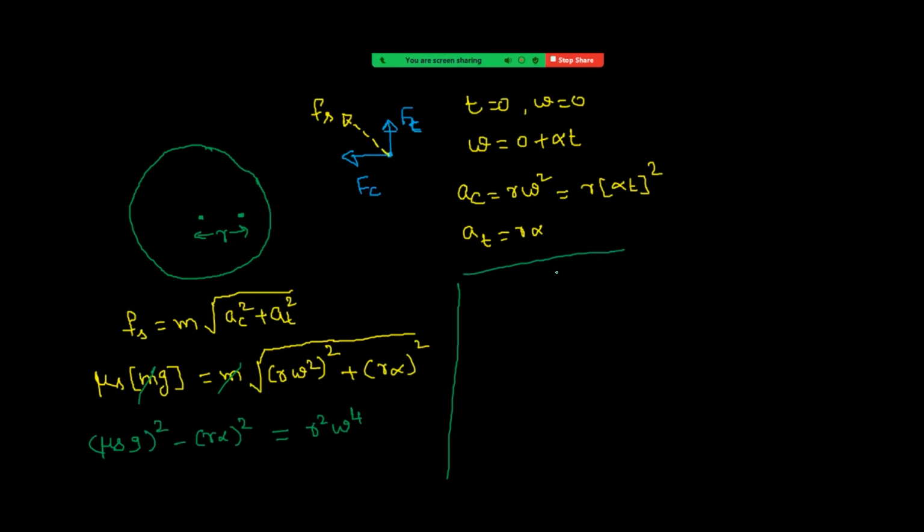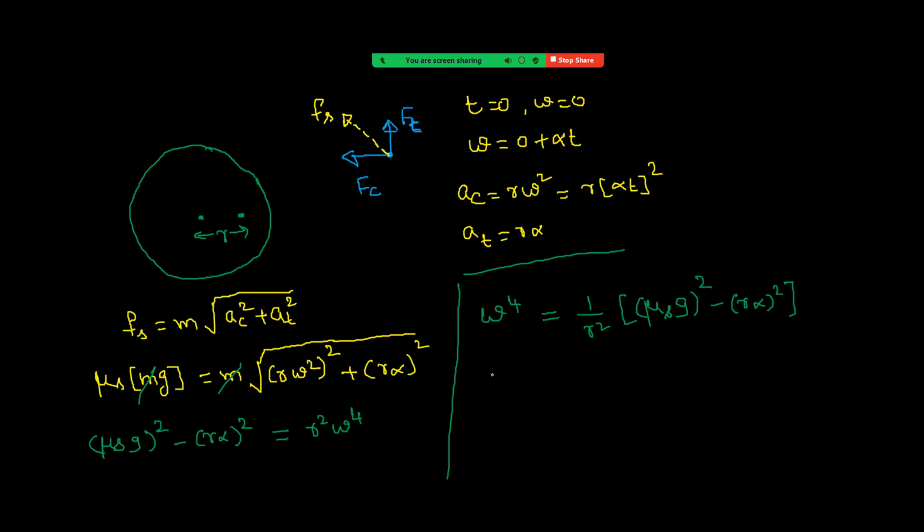Now see carefully. Omega power 4 is equal to 1 by r square into mu sg square of that minus r alpha whole square.